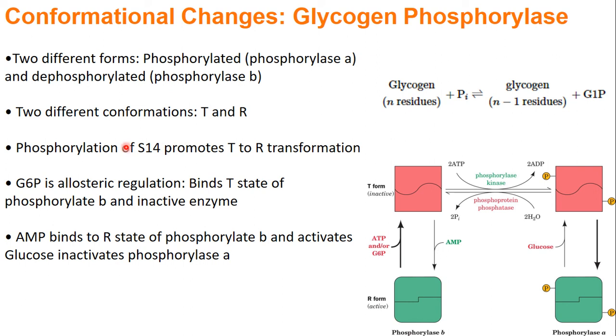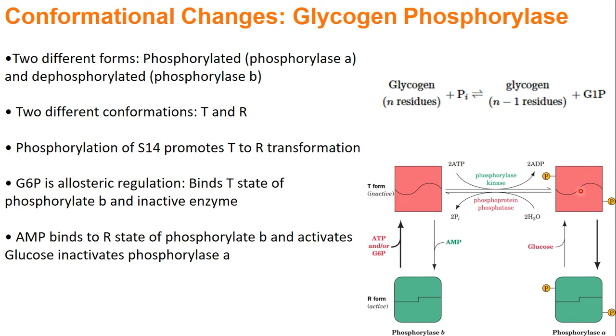So during phosphorylation, you put a phosphate on serine 14. This will overall promote a T to R transformation. So basically, in phosphorylase B, you are much more likely to be in the T state than the R state.